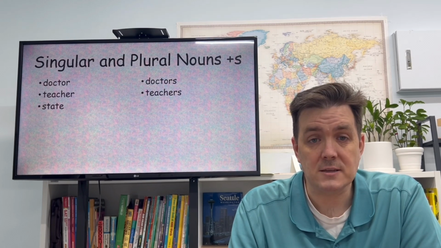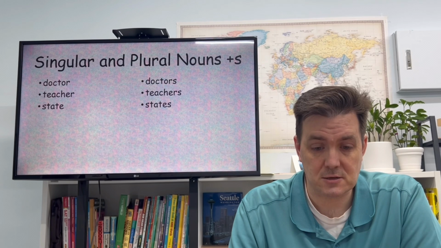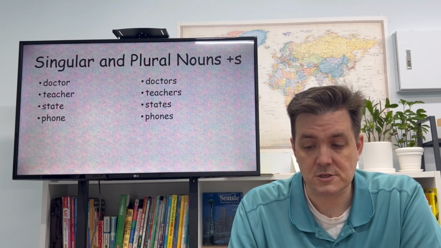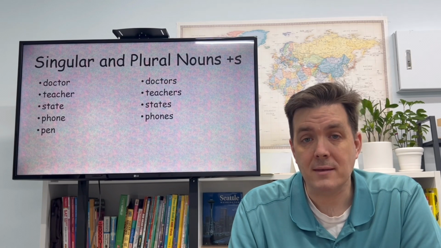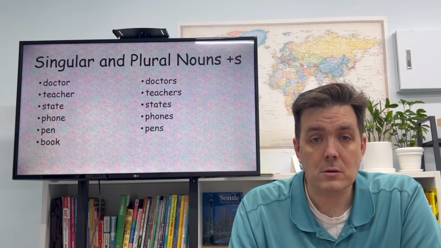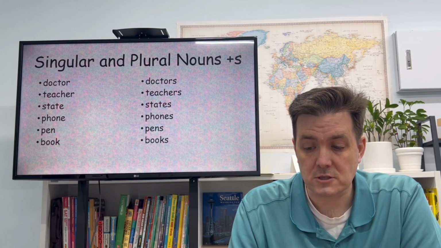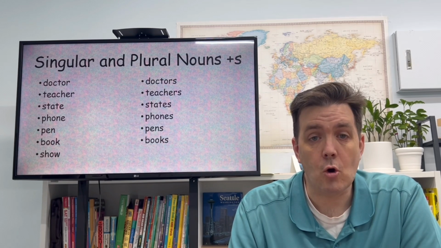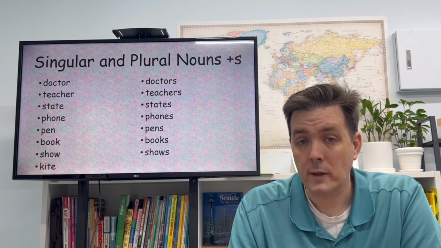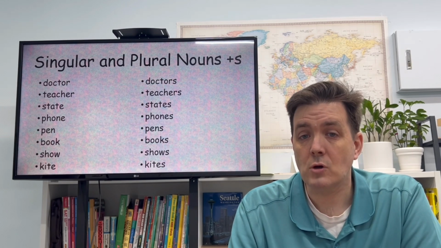One state and two states. One phone, two phones. One pen, two pens. One book, two books. One show and two shows. Finally, one kite, two kites.